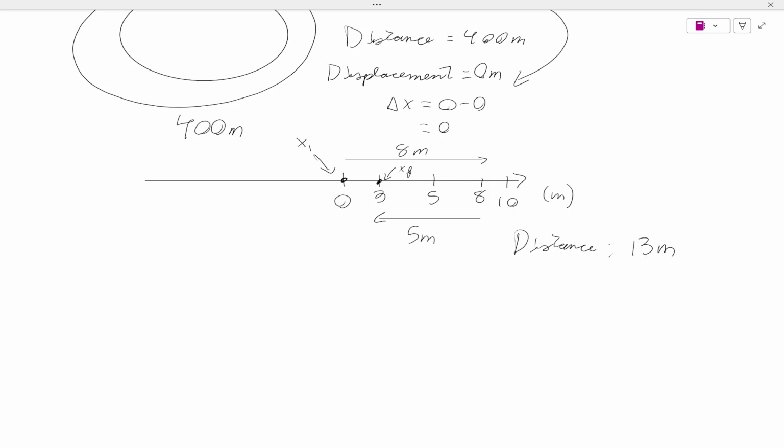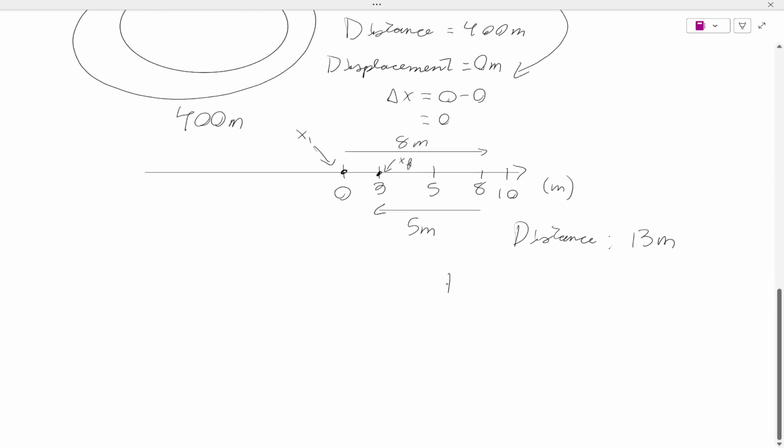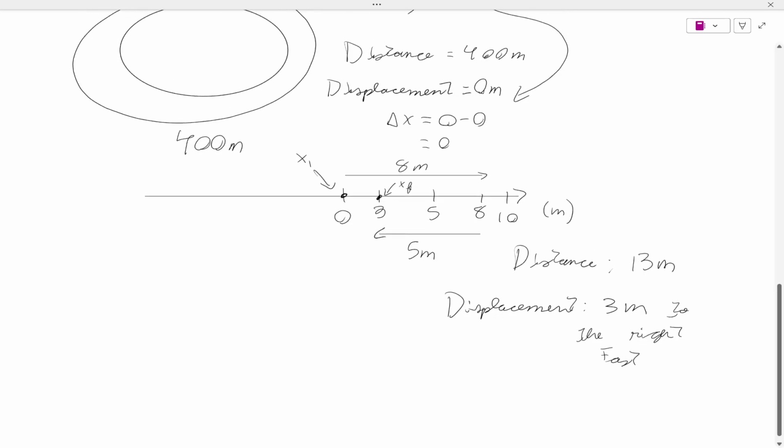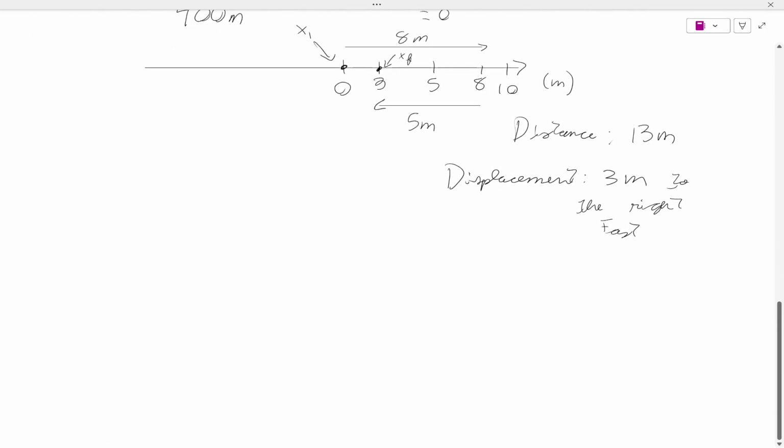So even though I traveled 13 meters, my displacement was only 3 meters. So keep that in mind. 3 meters to the right, east. Remember, magnitude and direction. So that's just a simple example, right?